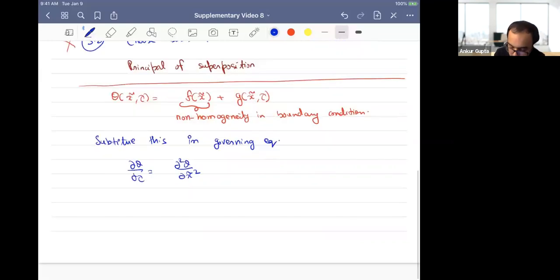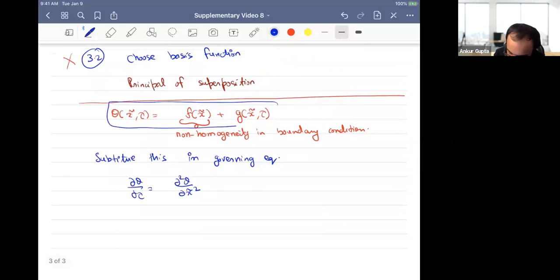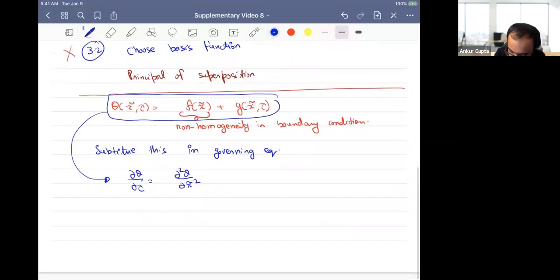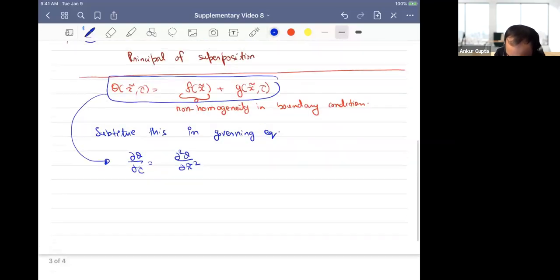Now I substitute this formula here. So the left hand side would simply become del g by del tau, because f is not a function of t. I'm substituting theta as f plus g, so the left hand side is just del g by del tau.